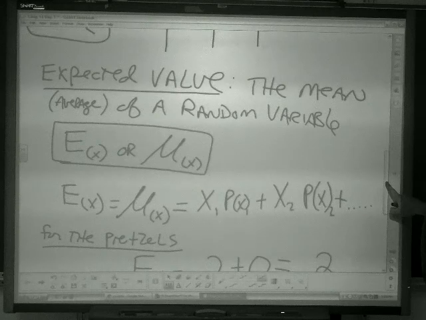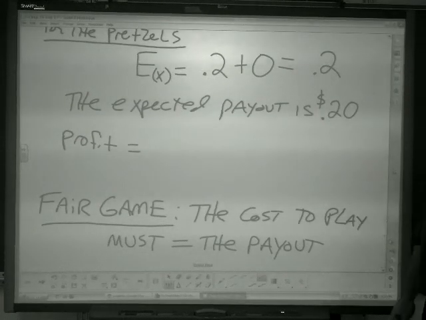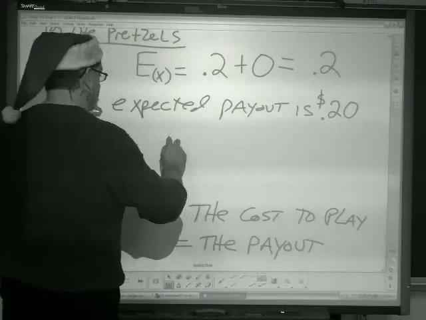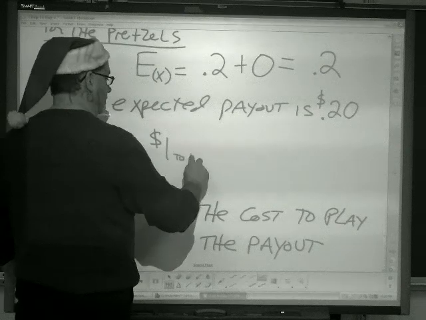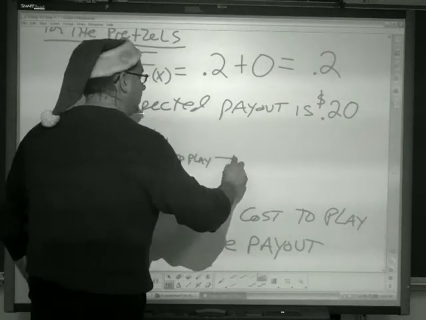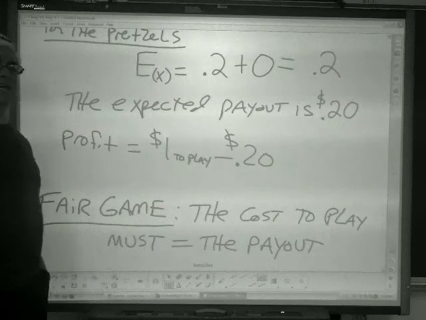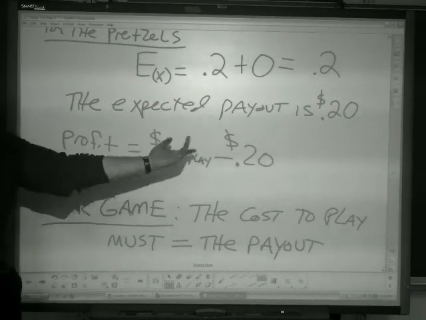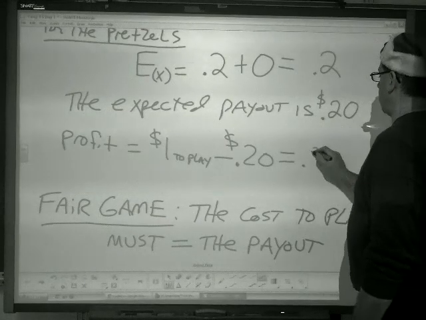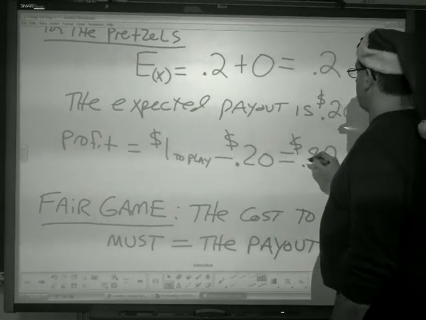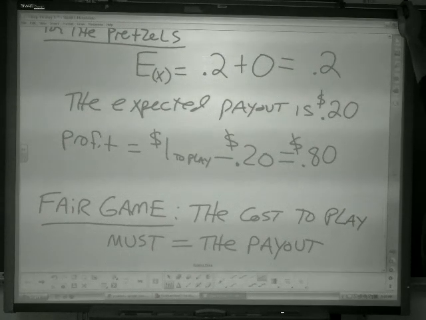Now, one question that we could always ask is, well, what's my profit? Well, in this case, my profit would be $1 to play, right? Minus the 20 cents that I'm paying out. So I take $1 in, I pay out 20 cents. My expected profit is 80 cents then for every pretzel.